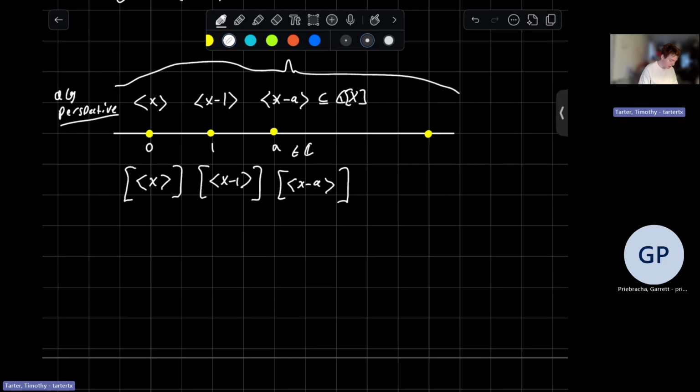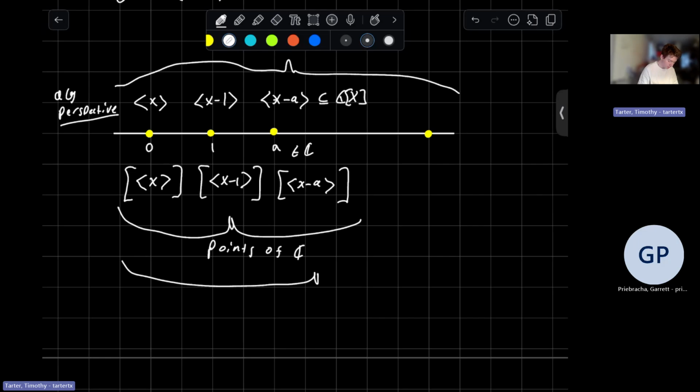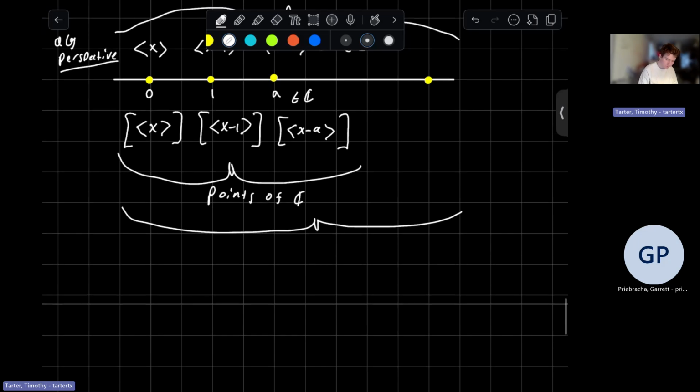These correspond by modular relation to points of C, and the collection of all such points are the points of A1 over C, which is spec C[x].